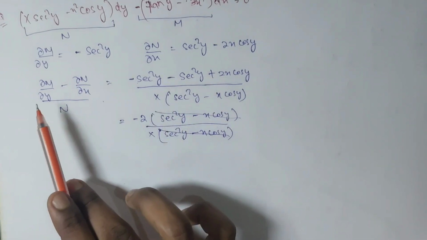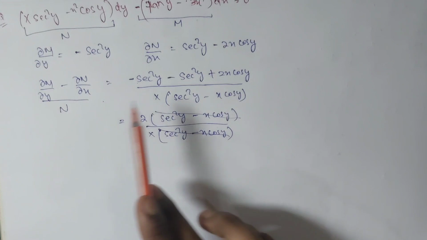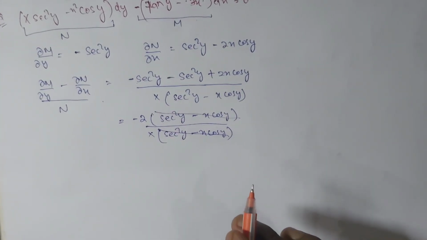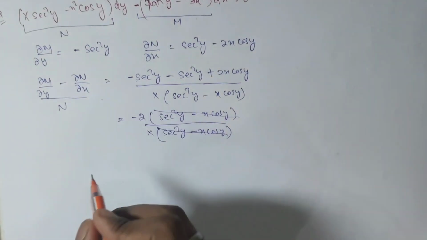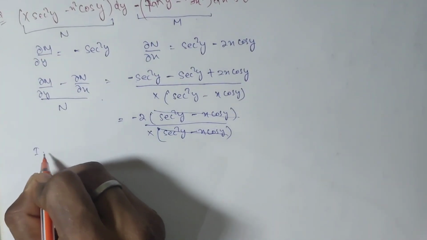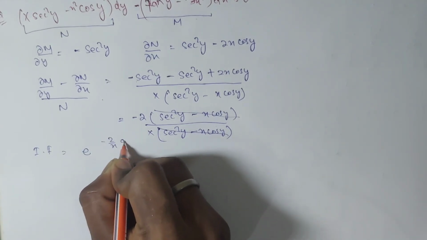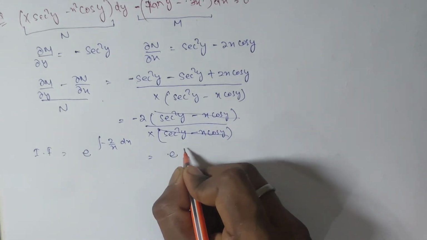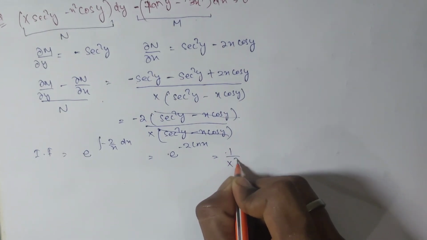If the subtracting term is divisible by M or N, then only we use different types of formula. So it totally depends upon the difference value. So now the integrating factor becomes e to the power integral of minus 2 by x dx, so it becomes exponential of minus 2 ln x, which equals 1 by x square.